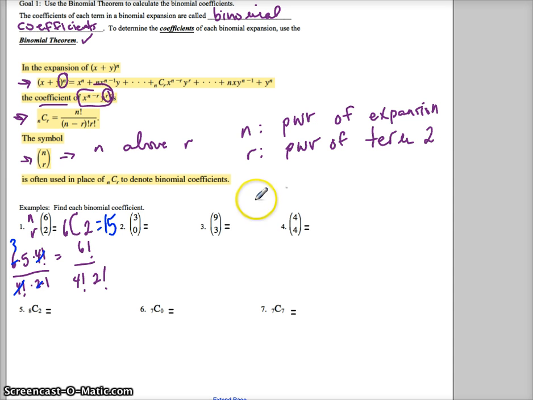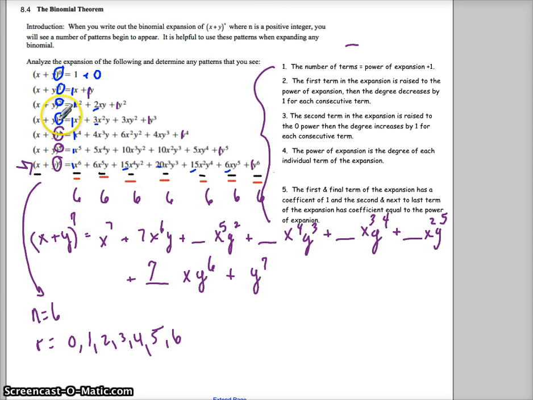All right, so you should have binomial coefficients of 84, 1, 28, 1, and 1. And I want you to notice every time r is 0, you have a coefficient of 1. Well, anytime r is 0, remember, that's when our second term was raised to the 0 power.